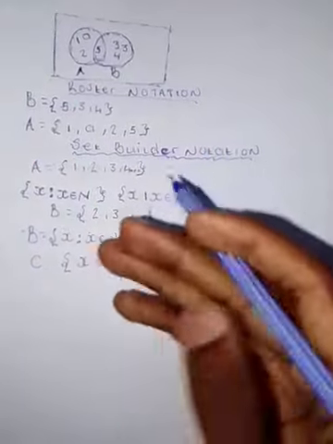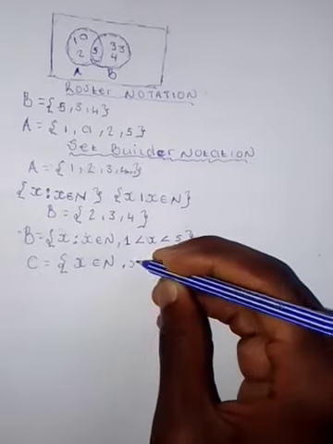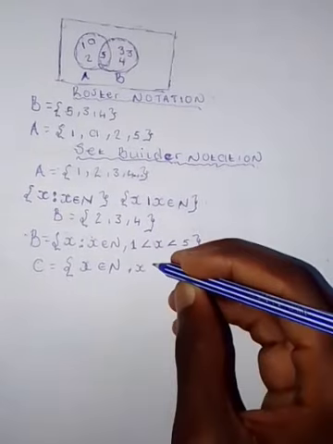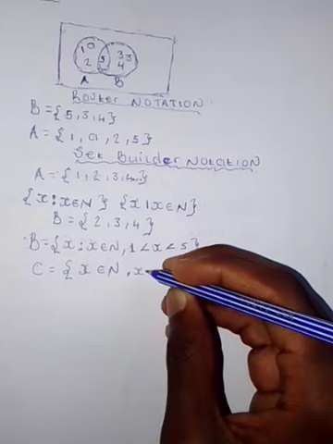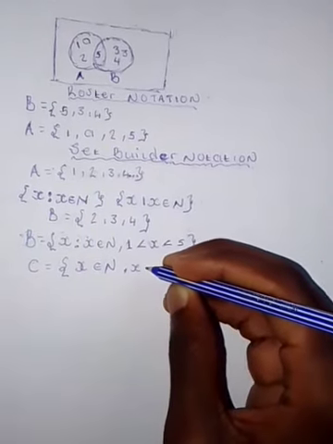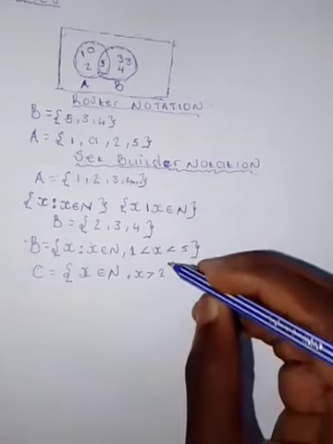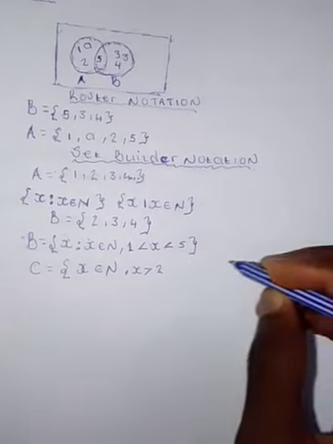Maybe they might just put a condition that each value, each member, is greater than, let's say, 2. It is greater than 2, which means that it is starting from 3 going above, right?